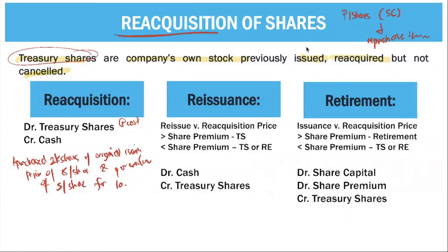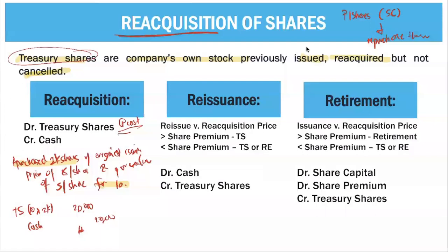Okay. So we should record it at cost. What is the cost of the repurchase or reacquisition? So we repurchase 2,000 shares for 10 pesos. So we just debit treasury shares, we credit cash at the amount of our repurchase. So 10 pesos, the amount of consideration multiplied by shares, 20,000. Okay, that's how we will make our entry.